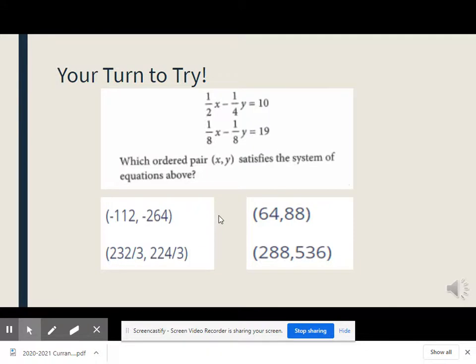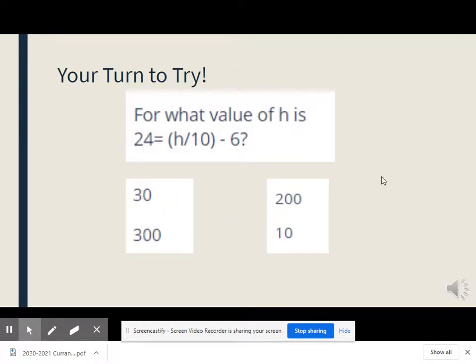So if you use your substitution strategy, you will find that answer A is the correct option.